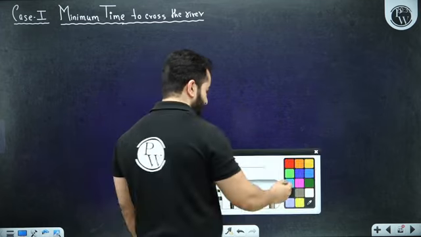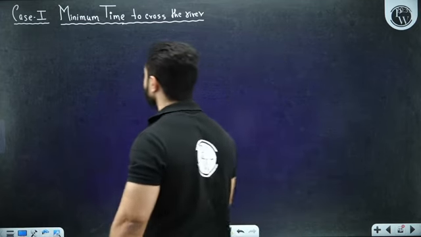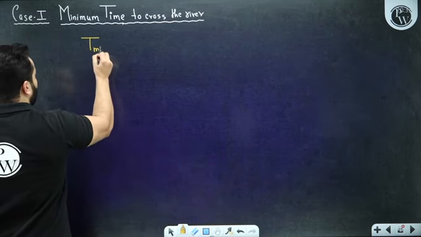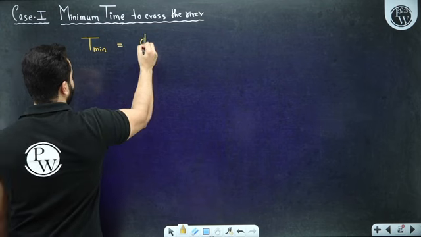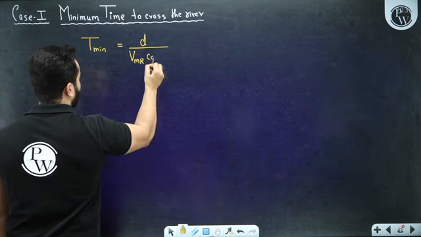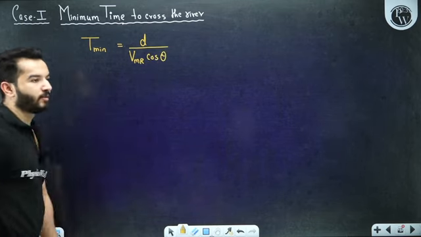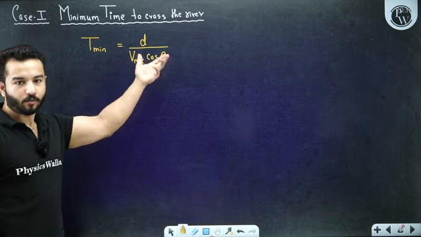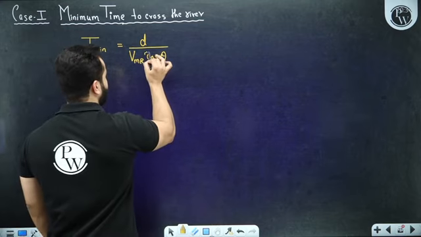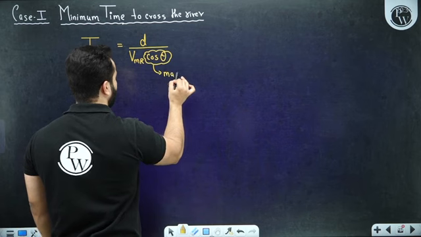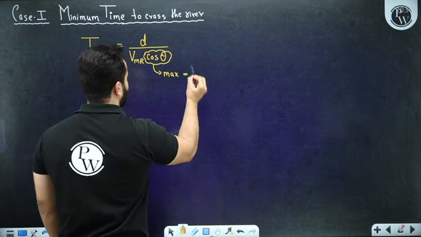So for T to be minimum, we know that the formula was D upon VMR cos theta. So if T should be minimum, the denominator should be maximum. And the maximum value of cos theta is plus 1 at 0 degree.